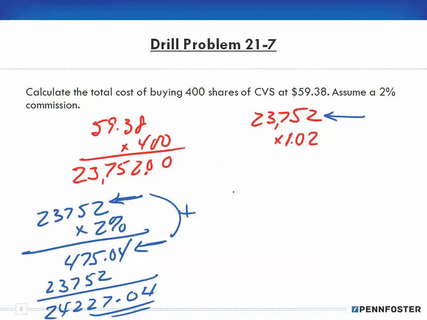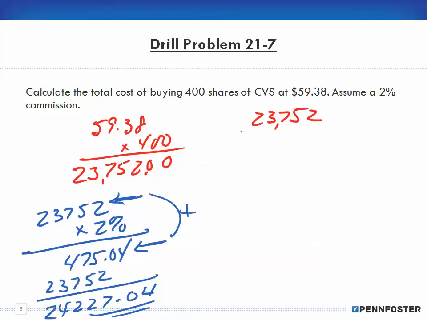And remember, when we're talking about percentages, 1.0 is the same as 100%. So 100% of 23,752, that's what this 1 represents, and the 0.02 is the 2% commission. So when I multiply, I only have to do one step instead of a whole bunch of other steps.